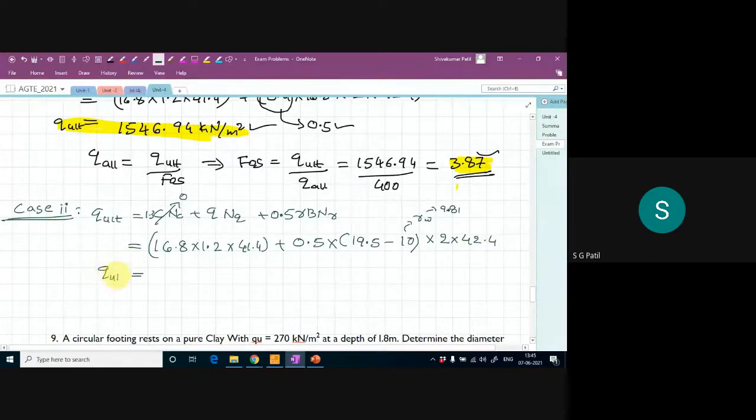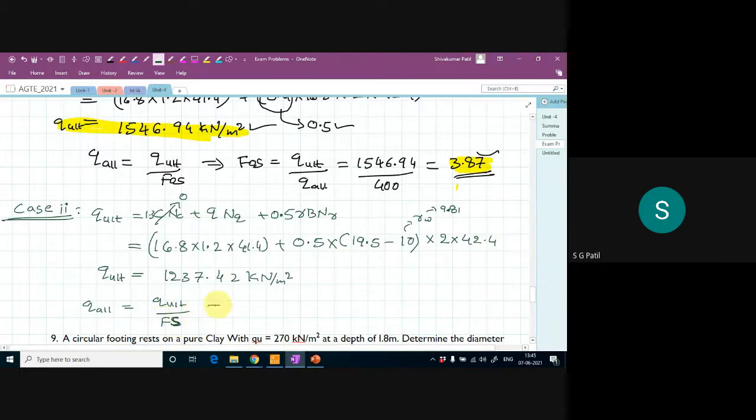Q ultimate. 1237.4. Very good. 1237.42 kilonewton per meter square. Okay, so what is the Q allowable? The Q allowable is nothing but Q ultimate divided by the factor of safety.